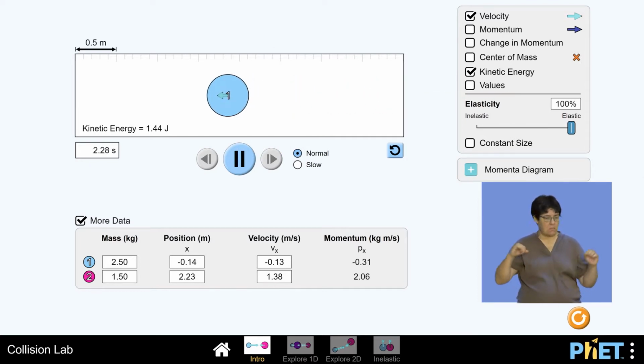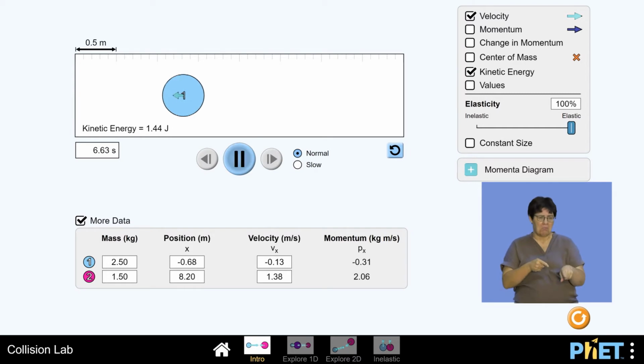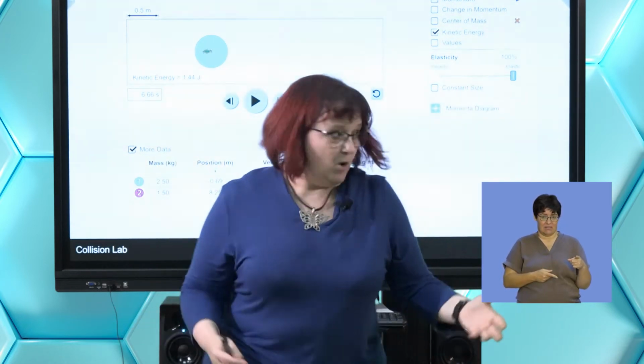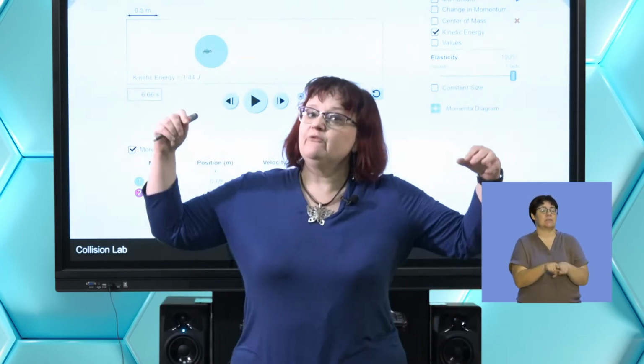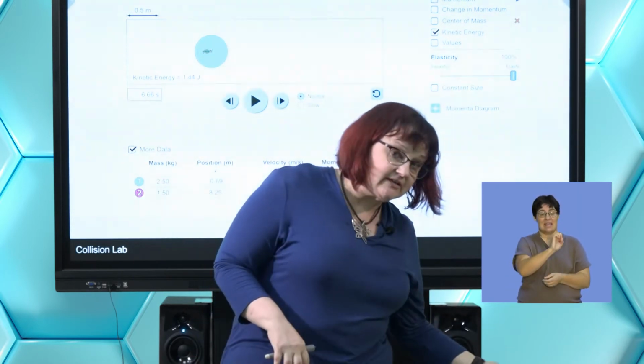Oh, look at that. The 2 goes off with lots of energy. 1's going very slow now because 1 was very big. The total momentum stayed the same, and the total kinetic energy stayed the same. So before the collision, we had a total kinetic energy. After the collision, we have a total kinetic energy, and it remains constant.